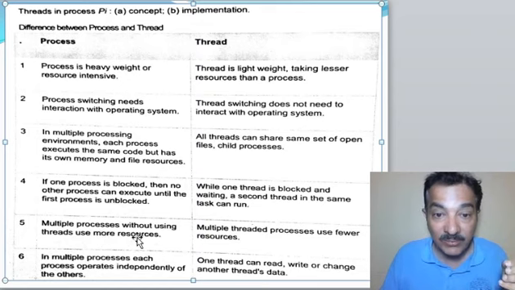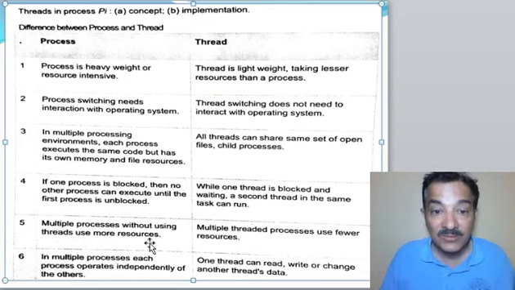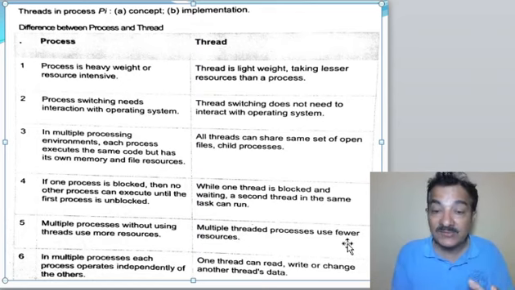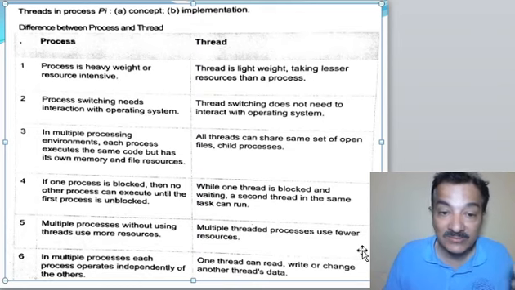Whereas multiple threaded processes use fewer resources, as they use the same code segment and the same data segment.